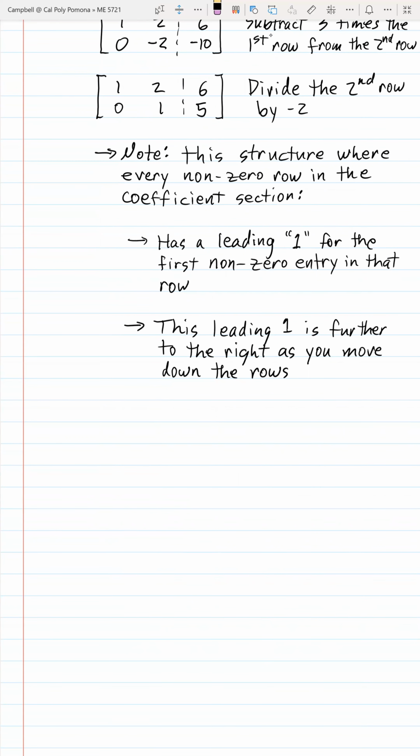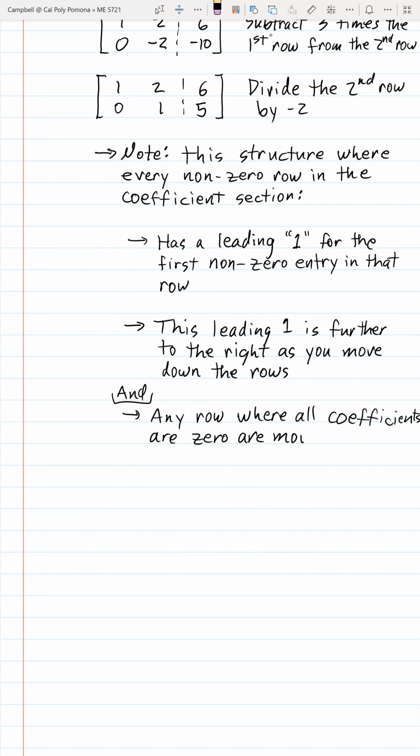And any rows where all coefficients are 0 are moved to the bottom of the matrix.